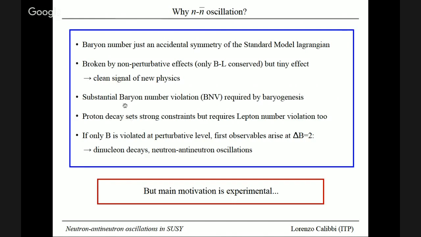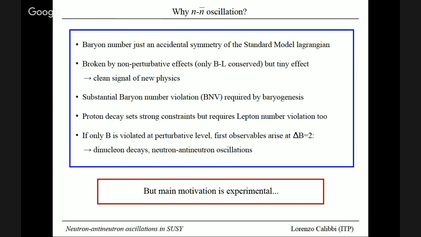And this process, of course, requires the violation of baryon number by 1 unit, but also violation of the lepton number, simply because, for conservation of spin, basically, a proton cannot decay to anything else than a lepton.